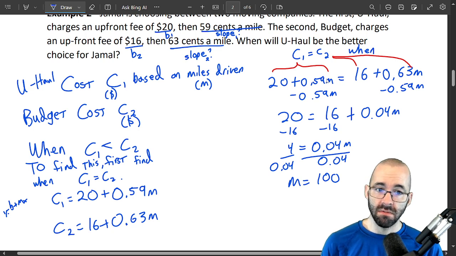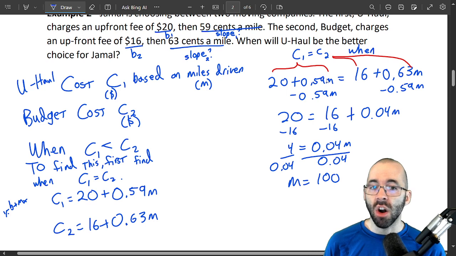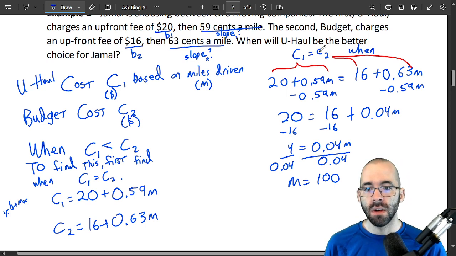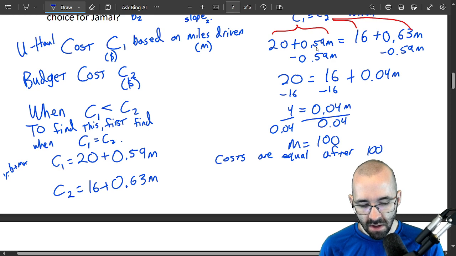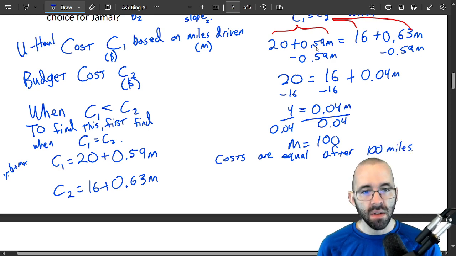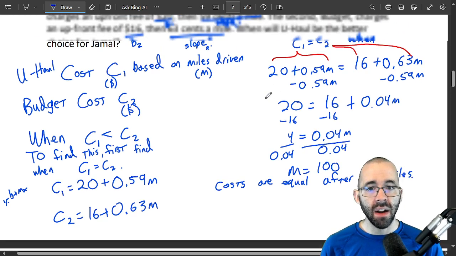That's not our answer, though. 100 miles driven is when these costs are going to be equal. We could say the costs are equal after 100 miles. But when is U-Haul going to be better?